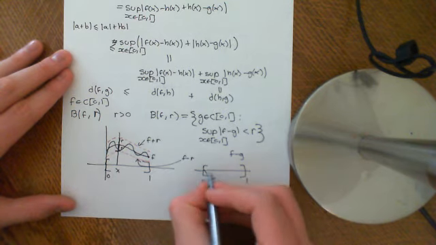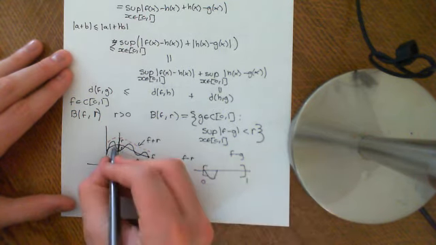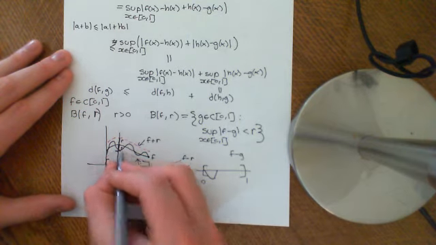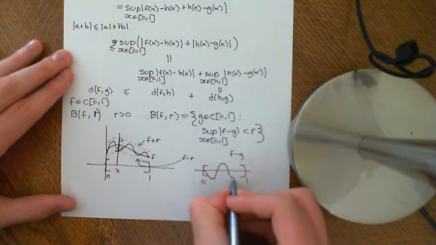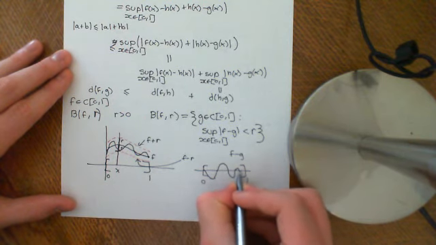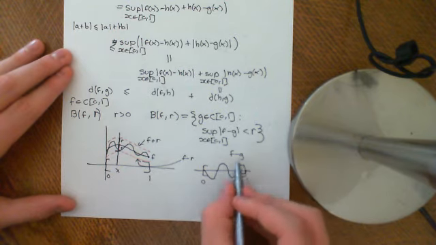Then at this point here, f is now bigger than g, so we get something going positive. Then we go down again, up again for a little bit, and then down, and then we stay down like that. So this is our f minus g.